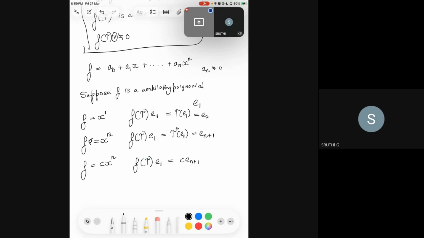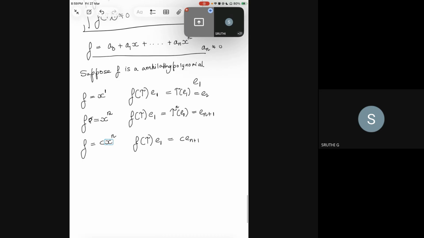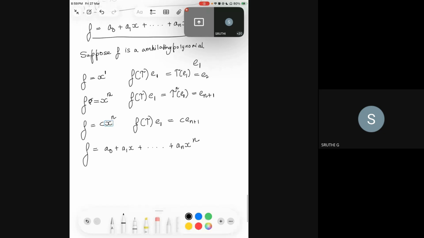So now if F is of this general form, A0 plus A1 x plus ... plus AN x to the power n, you have basically done the problem. If F was an annihilating polynomial, F(T) of E1 must be equal to 0, right?